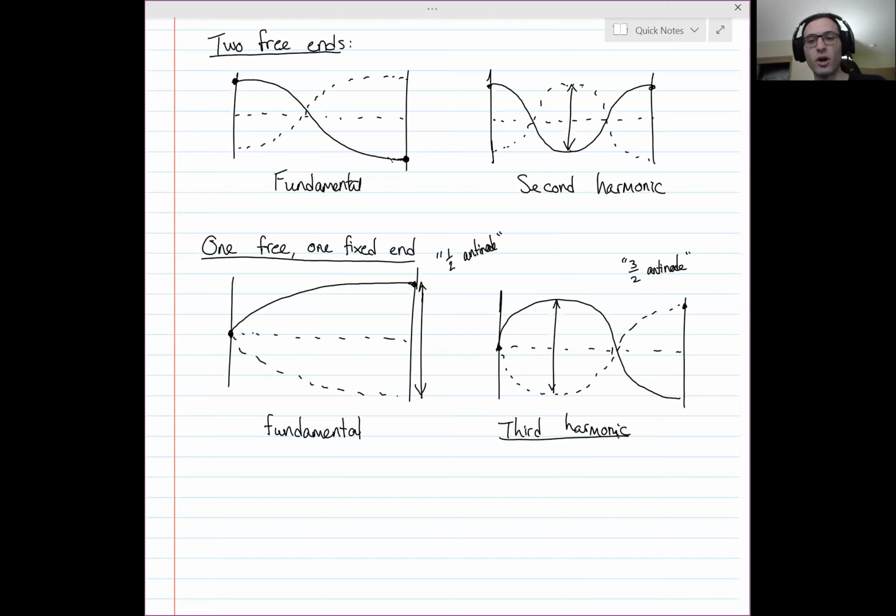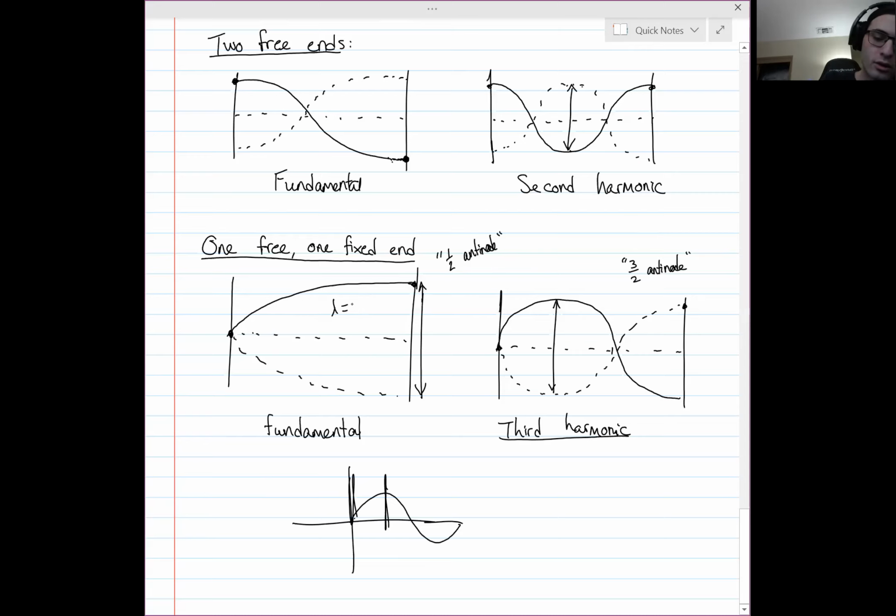And it's more clear what harmonic number it is if you just think of it in terms of frequency. This has a wavelength of, say, L over 4. It goes up, but it doesn't go back down to the middle; if you were to draw a wave like this, that is only the first quarter. So the wavelength there, sorry, is 4L.